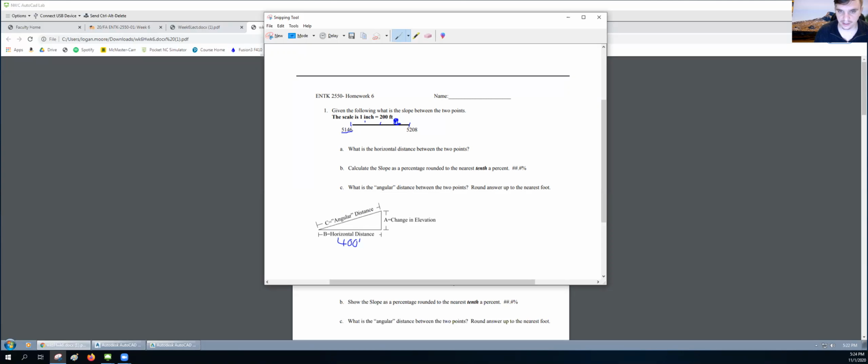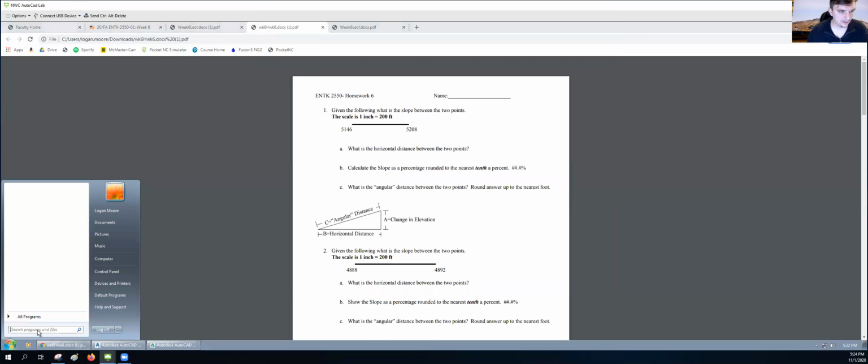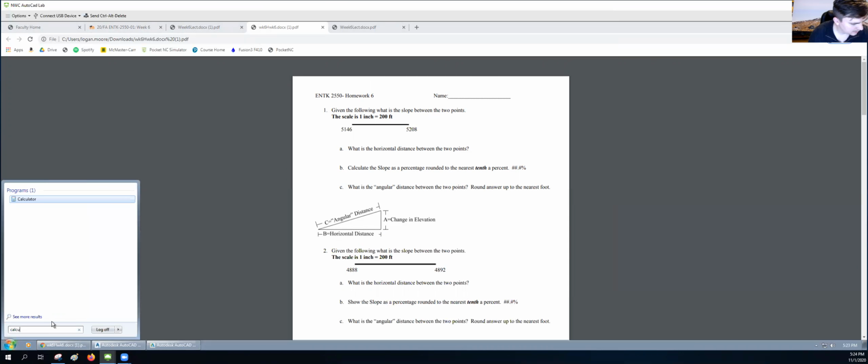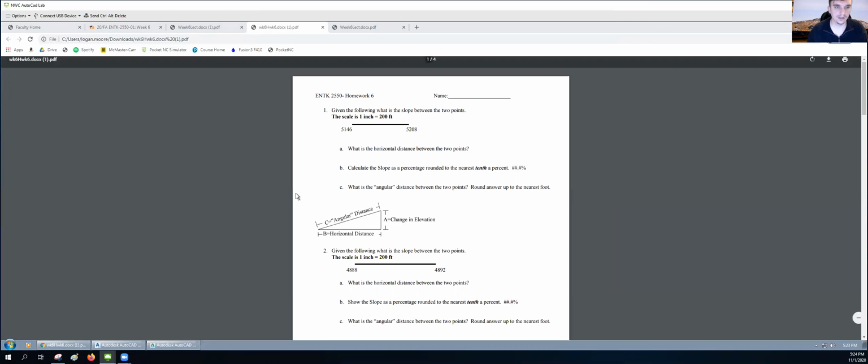What this number here represents is the actual elevation, okay? So you can subtract the 2 and figure out what your A value would be, or your change in elevation, all right? So let's go find the calculator.